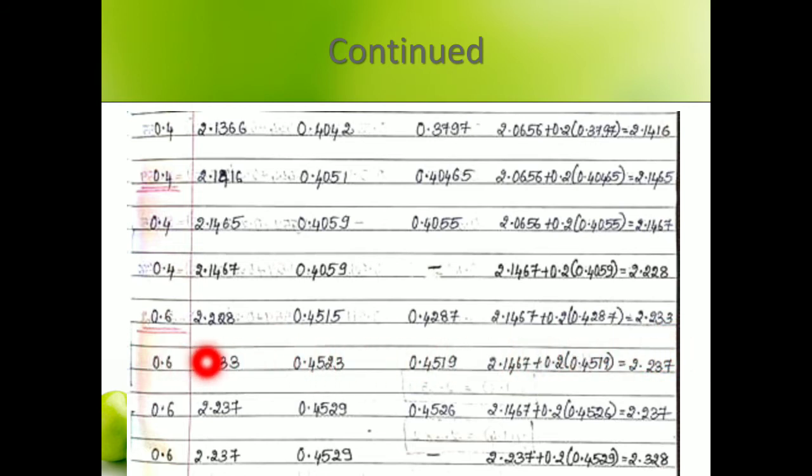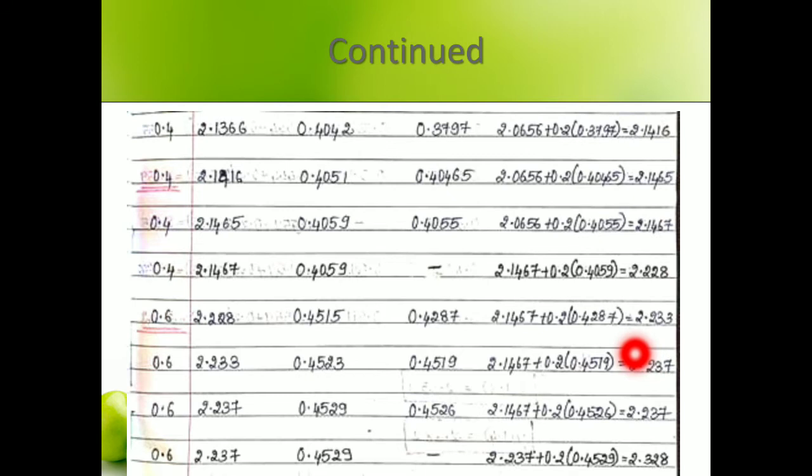So for 0.6, y value is 2.233, y dash is 0.4523, mean slope is 0.4519 and your new y value will be 2.237. 2.237, 2.233. So you can change the iteration in the next step. 2.237, your y dash value will be 0.429, mean slope will be 0.4526 and your new y value will be 2.237.